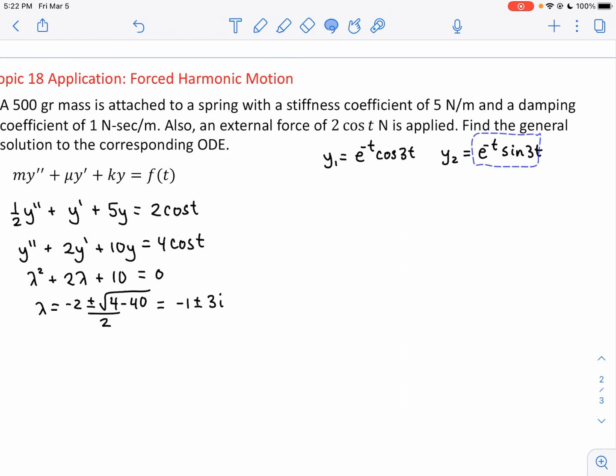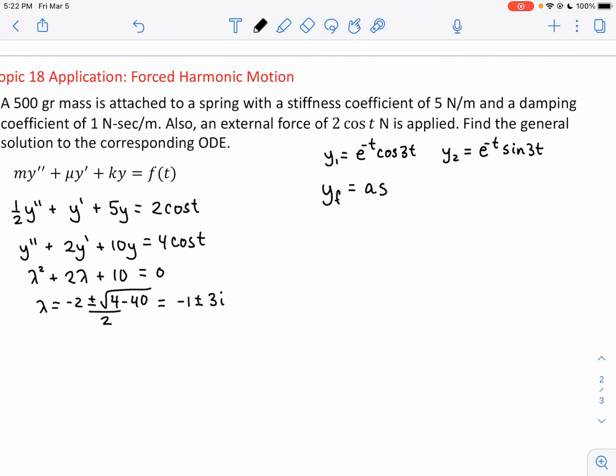It's independent from them, and so what we're going to be able to do is construct a particular solution y sub f by doing a 0th degree polynomial in the front that's arbitrary, so a times the sine of t plus a 0th degree polynomial that's arbitrary but different, so b times the cosine of t.